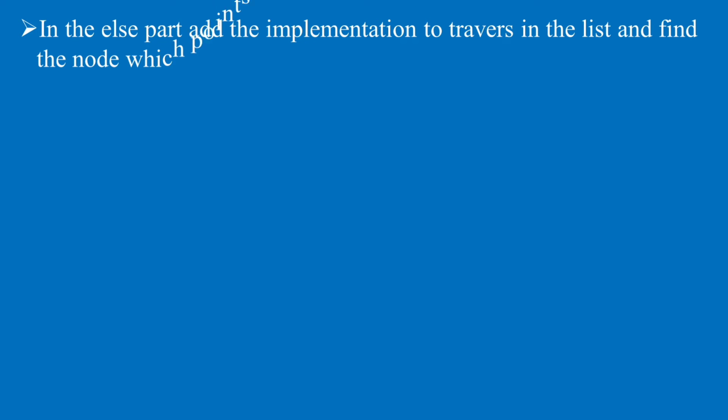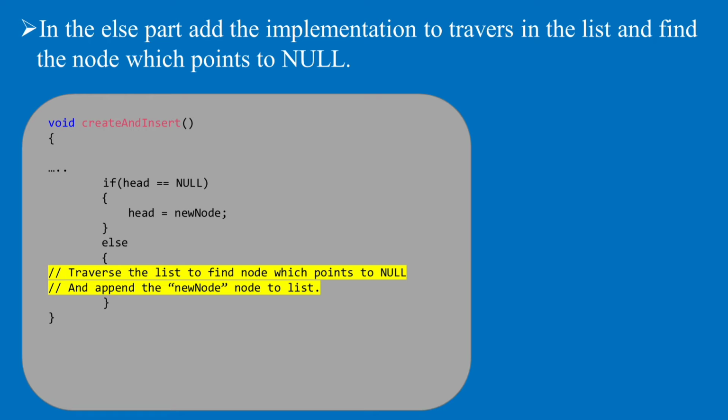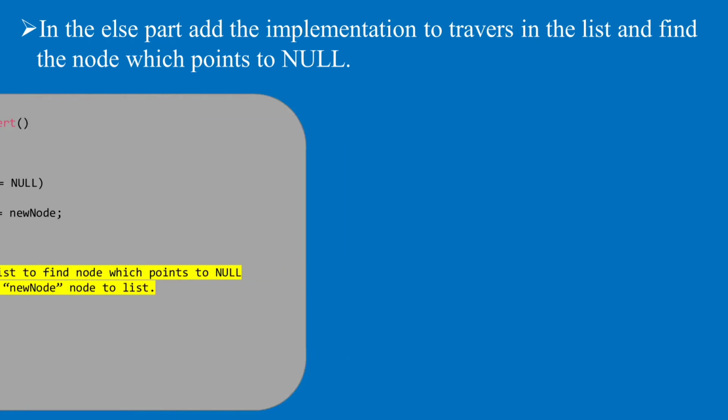In the else part, add the implementation to traverse in the list and find the node which points to null. The current code implementation looks like this. Now, try to implement the else part.